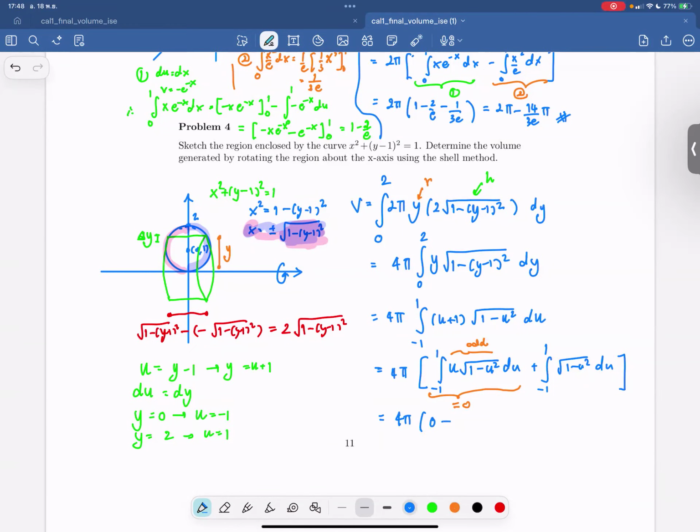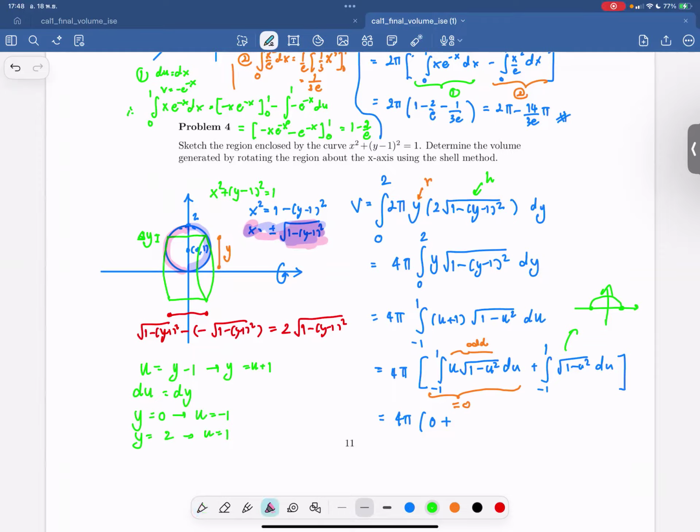For the second term, this integral represents the area of the upper half of the circle of center (0, 0) and radius 1.